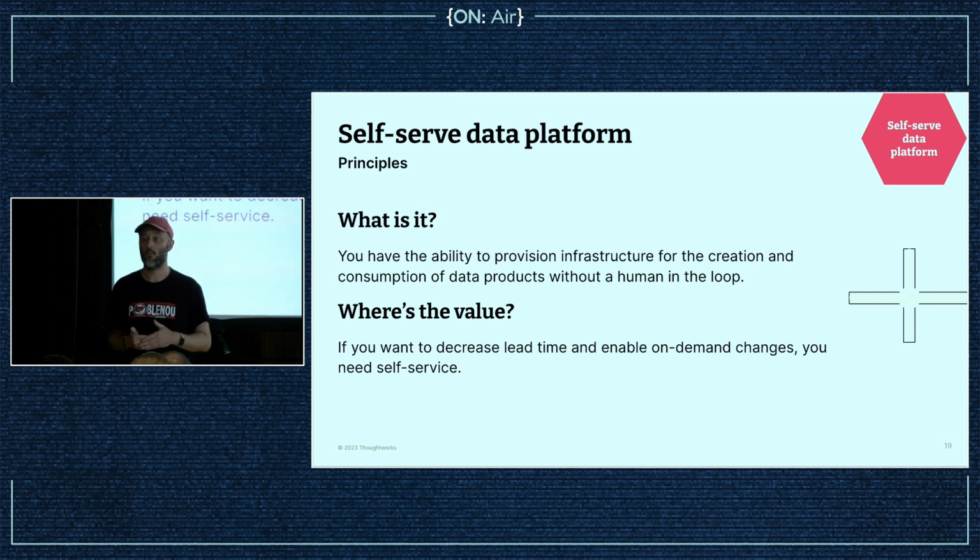Otherwise, we're going to maybe overwhelm them, or maybe turn them into people who are not advocates for adopting data mesh. So self-service data platform, if anyone's worked with cloud infrastructure, you're used to this shift from I used to have to file a ticket to I now have an API, I can now automatically provision stuff. This is a really important thing that you have to get right so that you can free up time in the teams to care about the data that they produce.